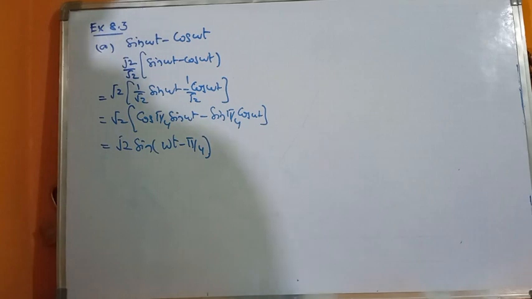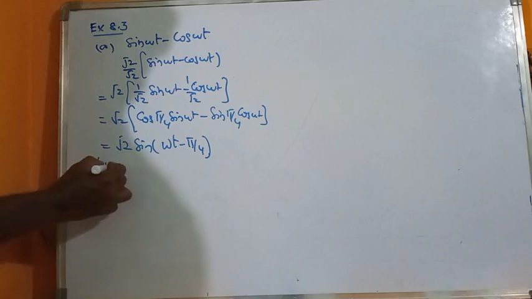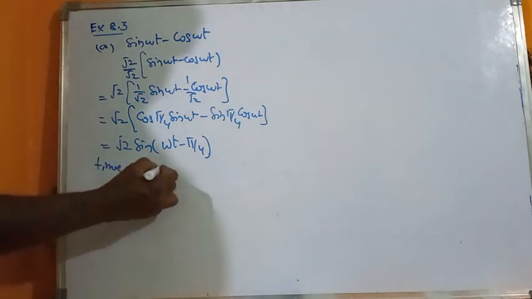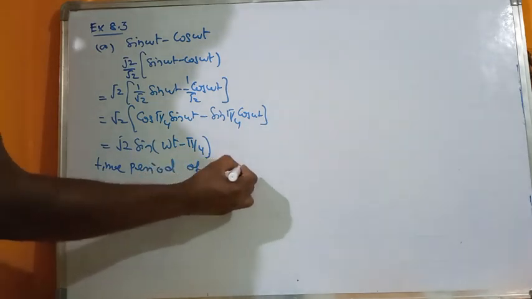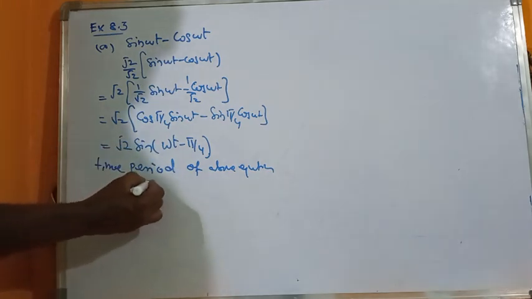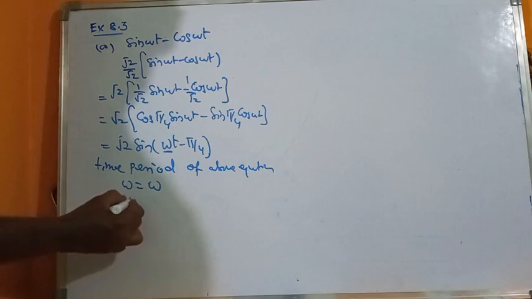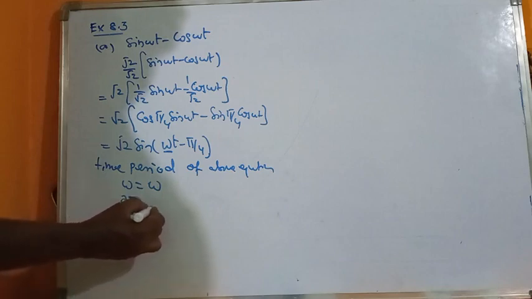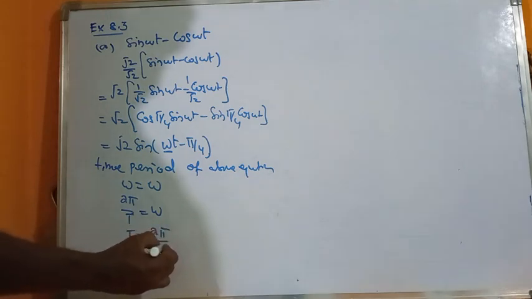Okay, so the time period of the above equation: here we have only omega, so omega is equal to 2 pi by T. From that, the time period T is equal to 2 pi by omega.